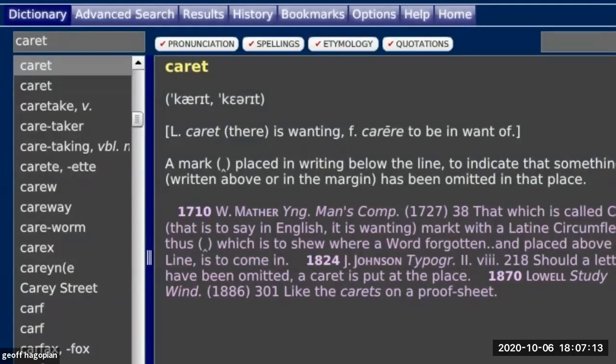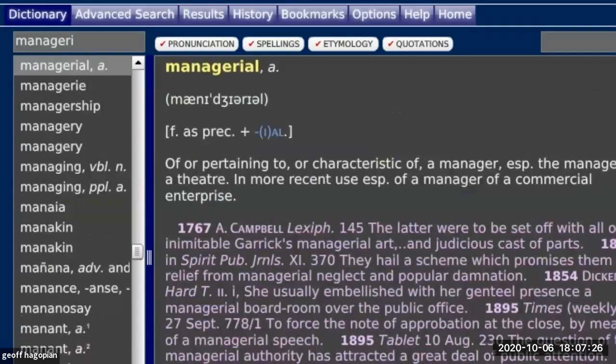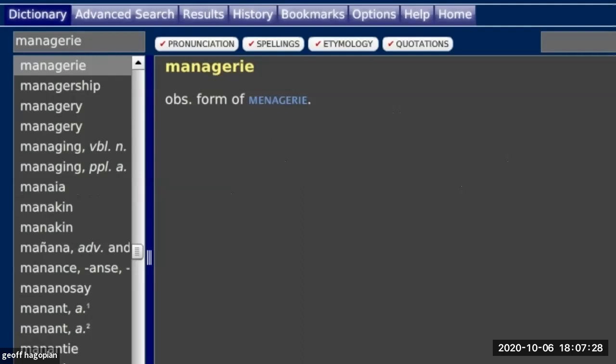You can always go and look it up, right? It's a French word, I think. Menagerie. Oh, I'm misspelling it.